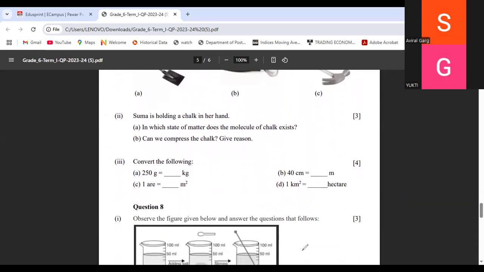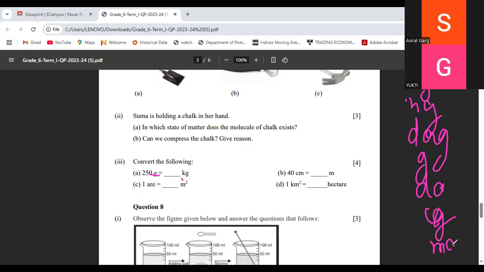Numerical part, right? Convert 250 gram into kg. So how will we do this? See, we'll start with kg, hg, dag, g, dg, cg, mg.